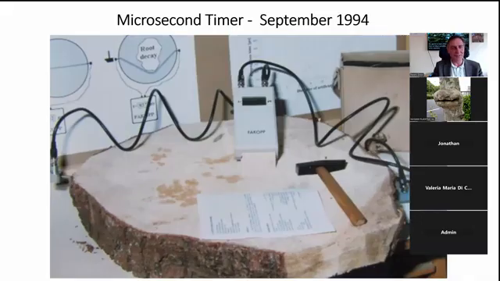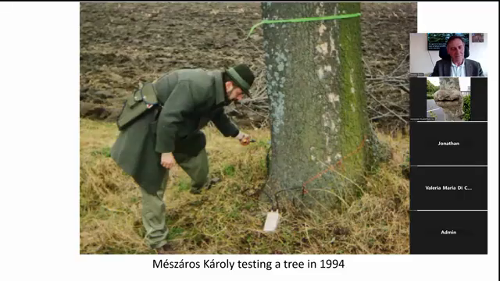This is a historical image we showed at the first European Wood NDT Symposium, our instrument, the Fakopp microsecond timer. It was 1994. Károly Mészáros, my former colleague at the University of Sopron, is using the instrument.